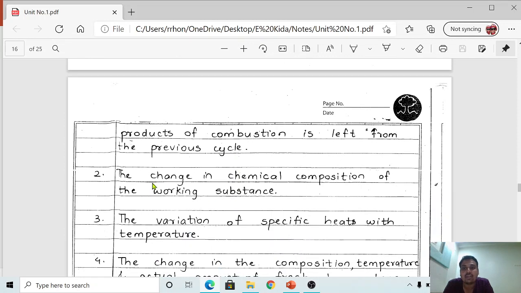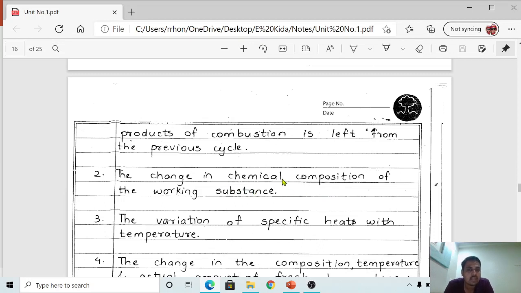The second one, the change in chemical composition of the working substance. Always the chemical composition of the fuel like petrol as well as air will have some changes. No one will tell you there is a 100% correct chemical composition.